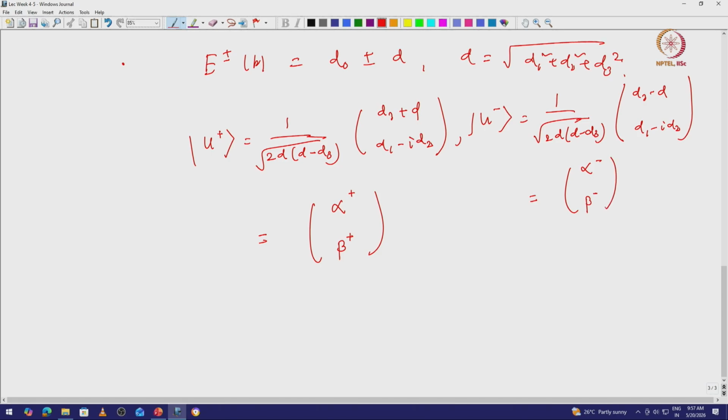Okay. So, what these eigenvectors are? They are nothing but the coefficients of how these energy eigenstates are expanded in the orbital basis.